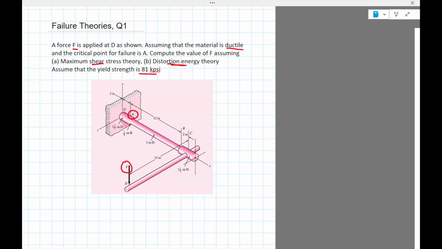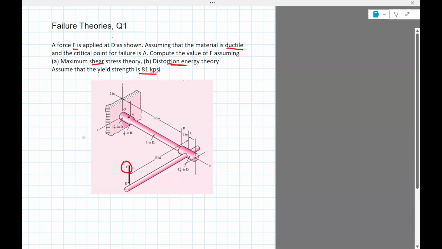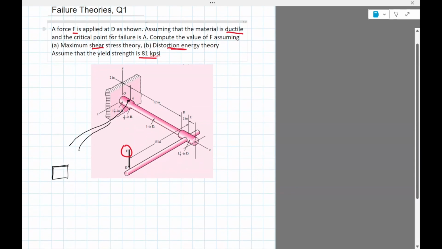So at A, if you take a point, okay, and then blow it up, this is our stress element. Now this stress element here in top, you can see that the x-axis is this way.